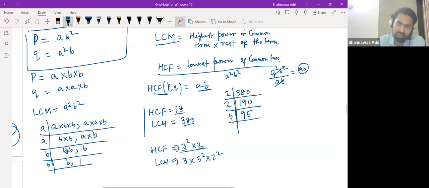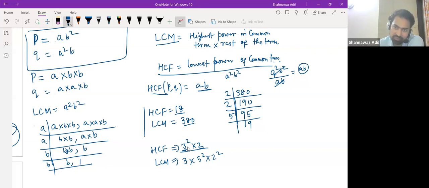No, sir. Why? Because this is the highest power. This is 3 square, but the highest power that we are having is 3. So you can't have this 3 square.